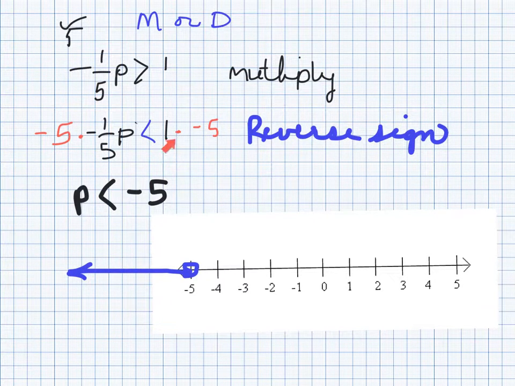It's less than 1 times negative 5, and so 1 times negative 5 is just negative 5, and negative 5 times negative 1 over 5 leaves p, so we have p is less than negative 5. We have an open circle because we don't have an equal part to this inequality, and it is going to the left of negative 5.